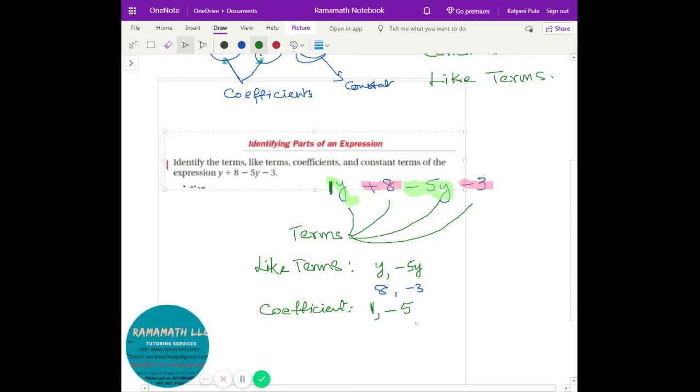Does that make sense? Yes, but what about 8? Constants means just the numbers. 8 and negative 3, those are the numbers, right? That's called constant.